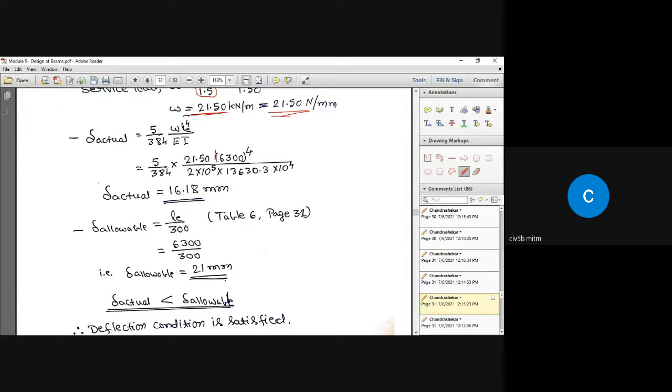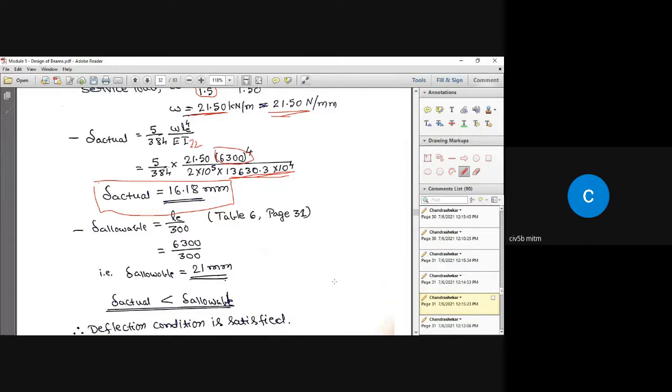L is the effective span, which is 6.3 meter, that is nothing but 6,300 millimeter. E is 2 multiplied by 10 to the power of 5. I is the moment of inertia of the section we have selected, which is nothing but Izz, remember. Substitute the values and get the actual deflection of the beam under the service load, which is 16.18.